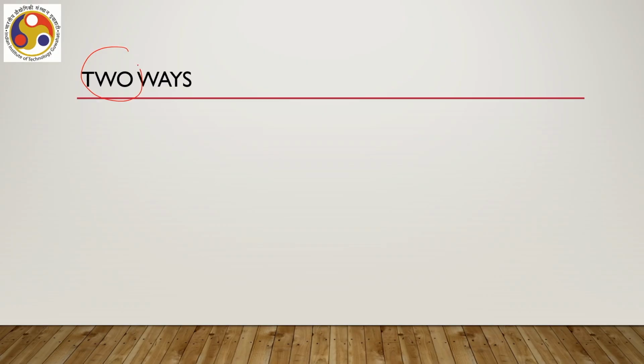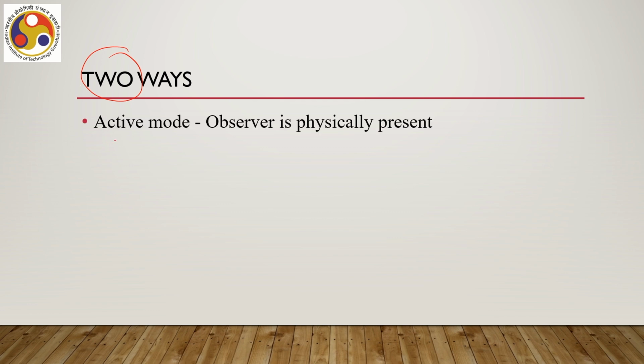So, there are broadly two ways for performing contextual inquiry. One is the active mode. In this mode, the observer or the person who is performing the contextual inquiry is physically present in the environment where the users are doing their task.